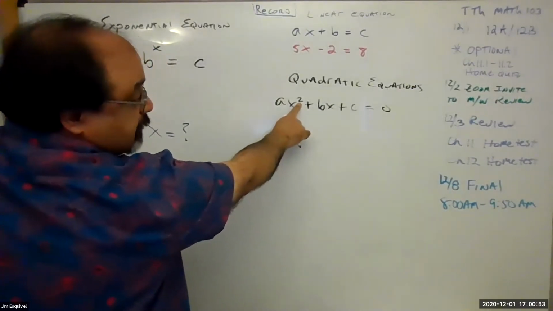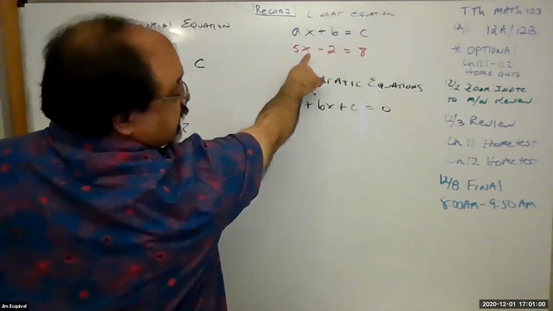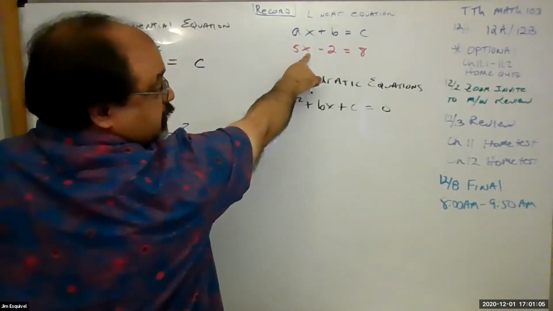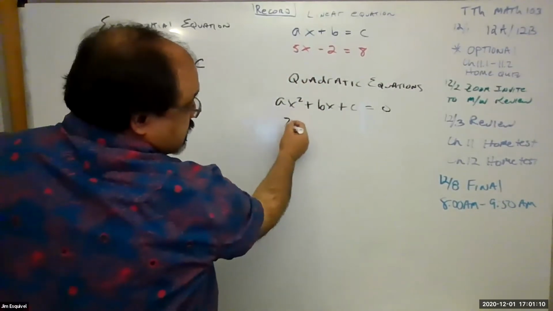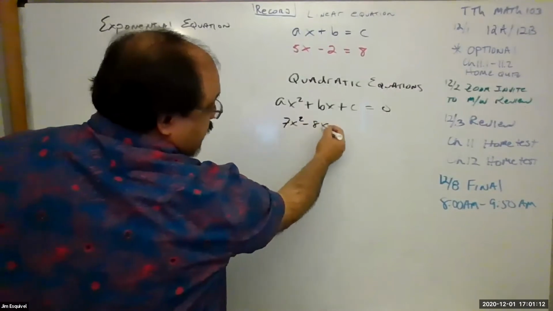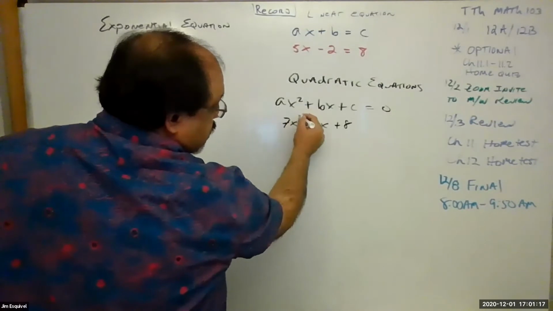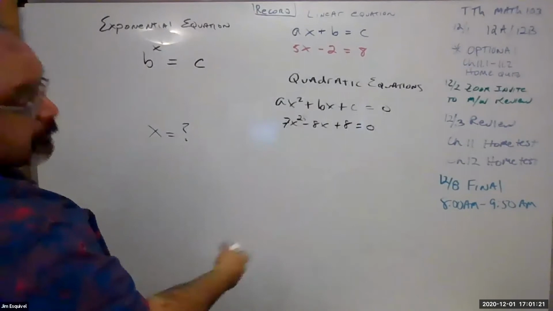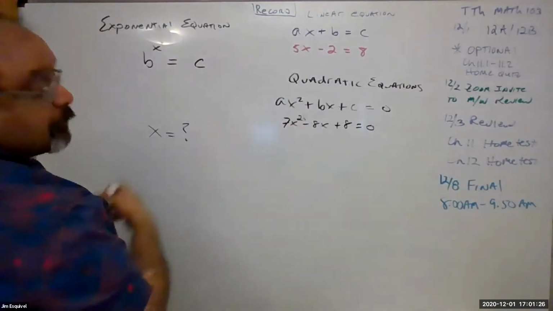This is linear, a first degree equation. It's x to the first. This is an x squared problem, like 7x squared minus 8x plus 8 equals 0. Either we factor it, or we complete the square, or we use the quadratic formula, but we can solve it no matter what.